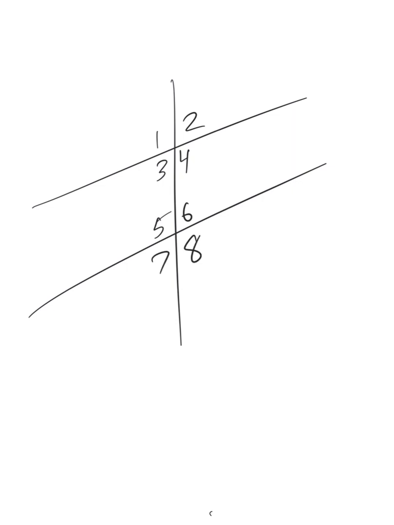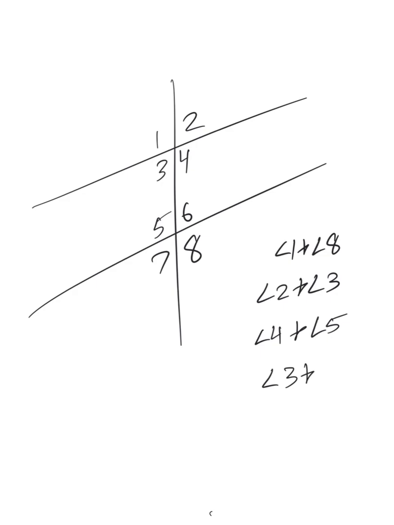So let me have you name angle 1 and angle 8. Name that. Then I'm going to give some other ones. Angle 2 and angle 3. Angle 4 and angle 5. And angle 3 and angle 5.